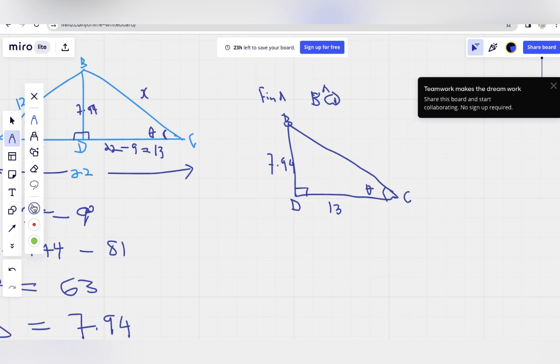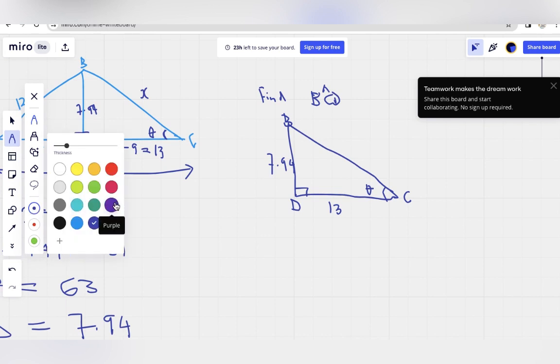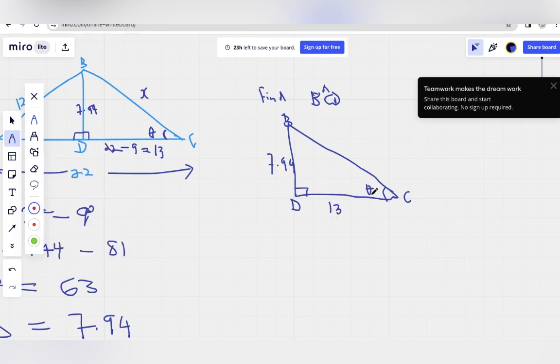So holistically, you can see that you know this side. This is the opposite, right? And this is the adjacent beside this angle. So opposite over adjacent is called TOA, tan.